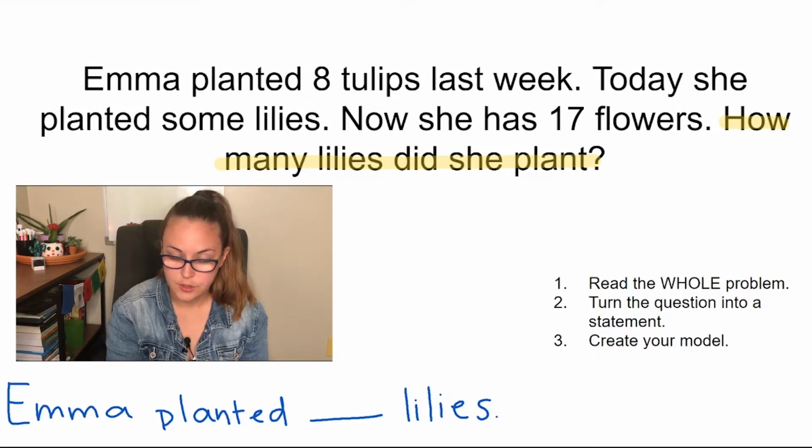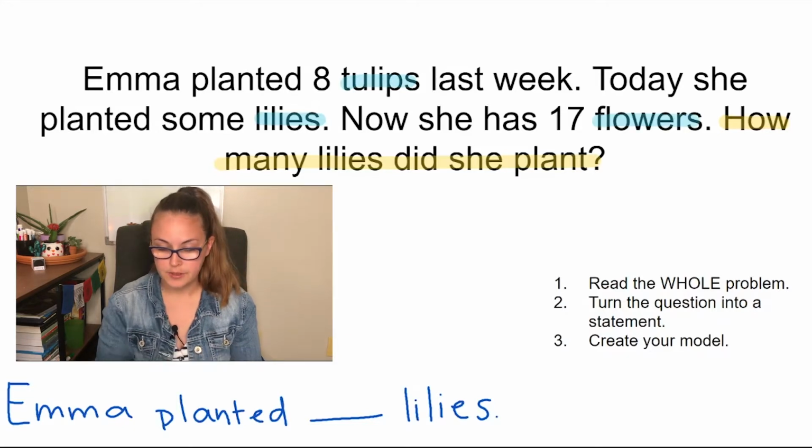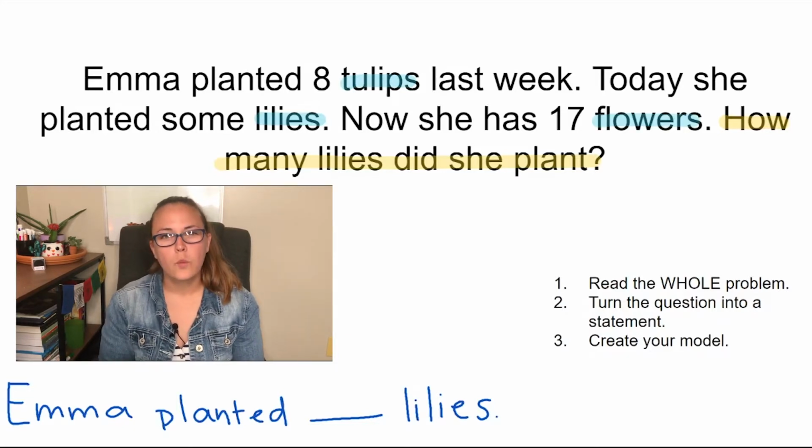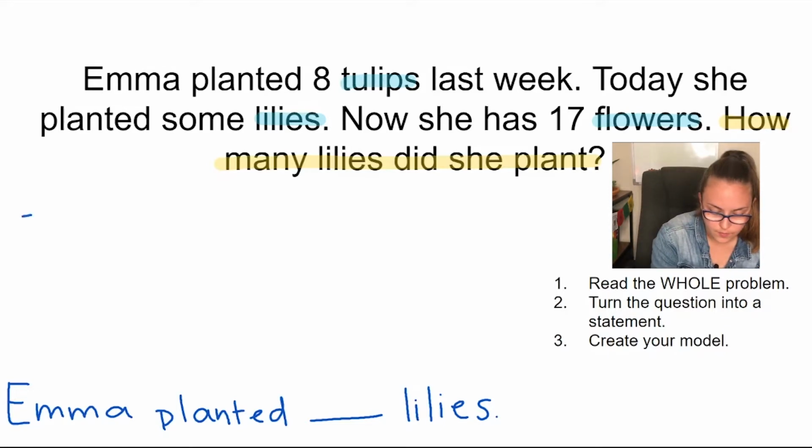I see tulips, lilies, and flowers. What do you think would be a great word that we could use to summarize our problem? What is this problem about? Our problem today is about flowers.